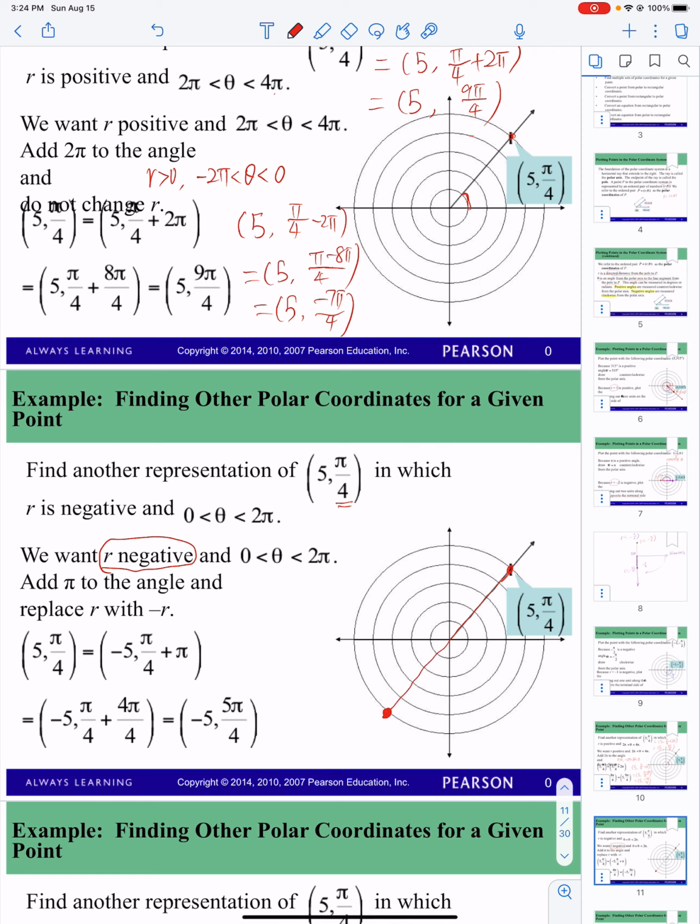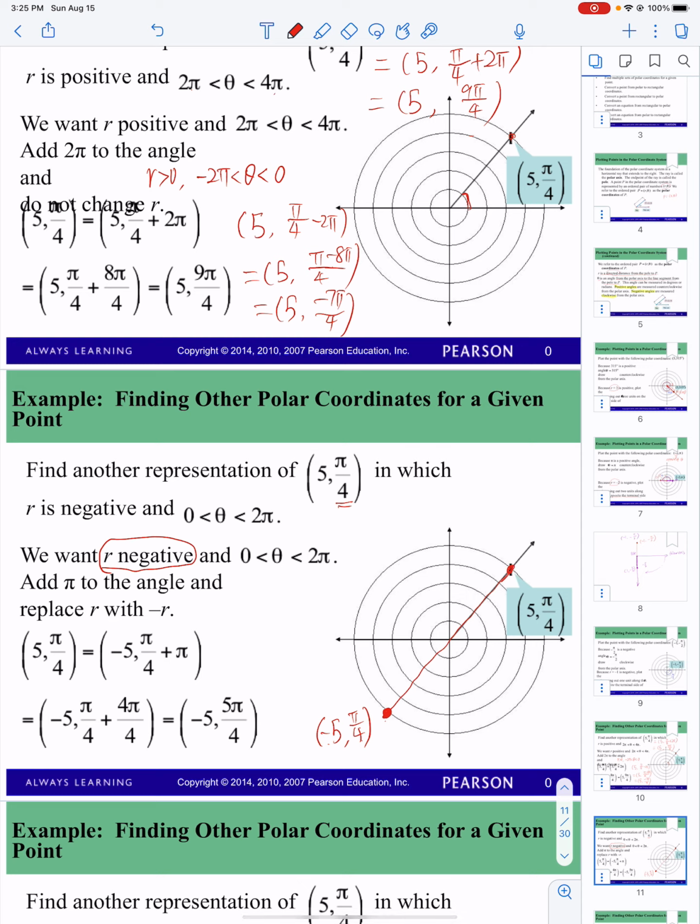So this is negative 5, pi over 4, yeah? Because this is 5, pi over 4, and this will be negative 5, pi over 4, yeah?